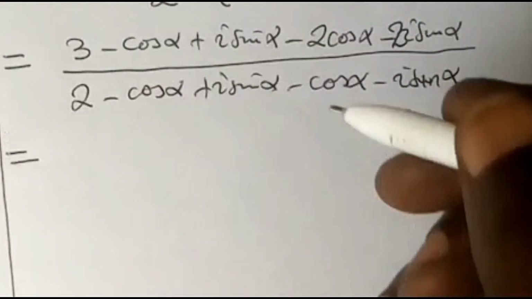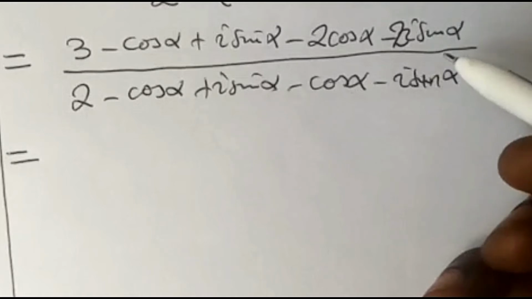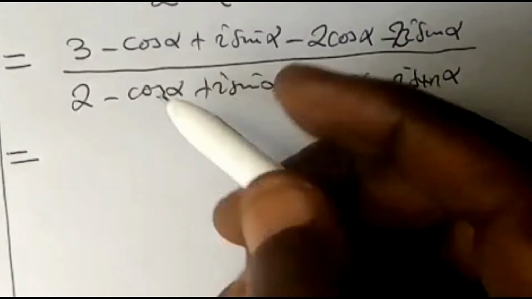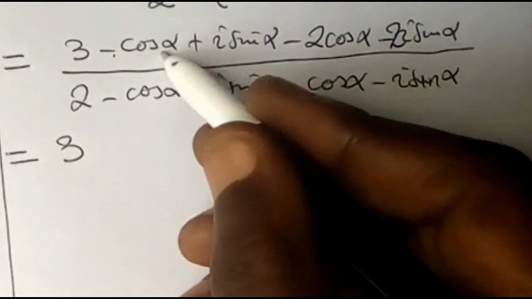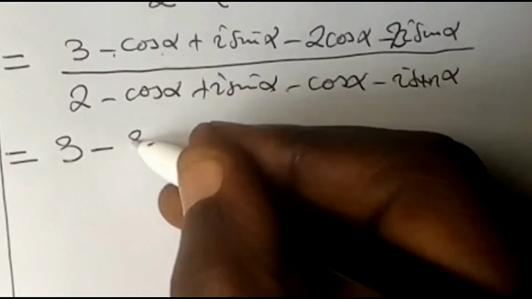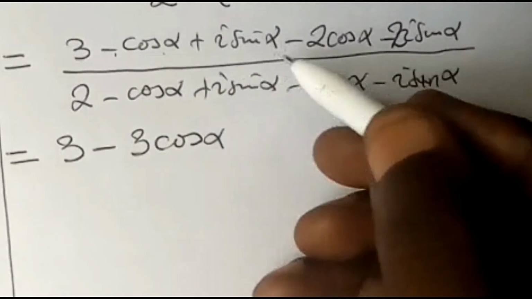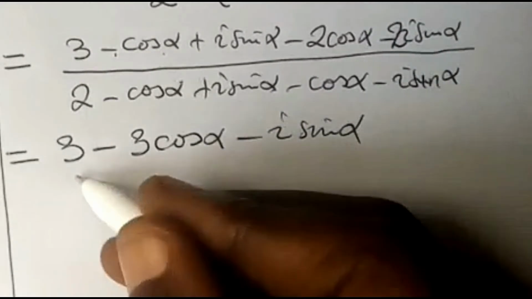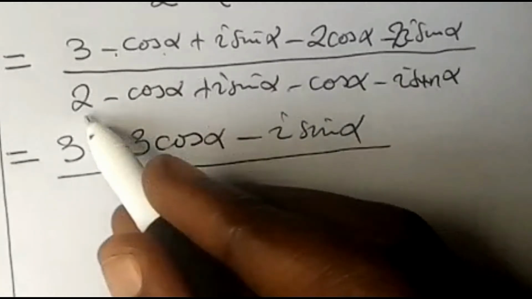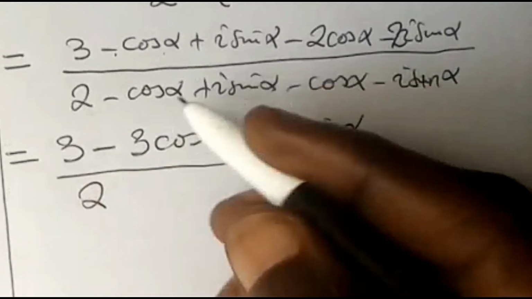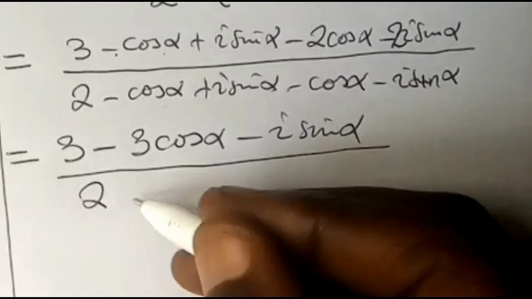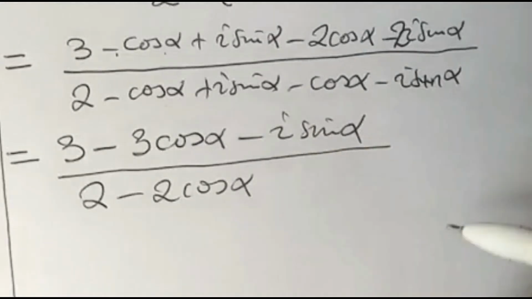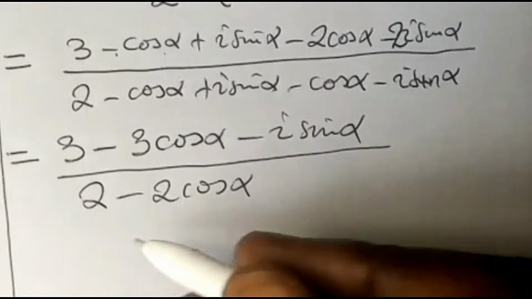This gives, we have 3 minus cos alpha minus 2 cos alpha gives negative 3 cos alpha, and i sin alpha minus 2 i sin alpha gives negative i sin alpha, all over 2 minus cos alpha minus cos alpha, which is 2 minus 2 cos alpha, and then i sin alpha minus i sin alpha is 0. So we're just left with this.